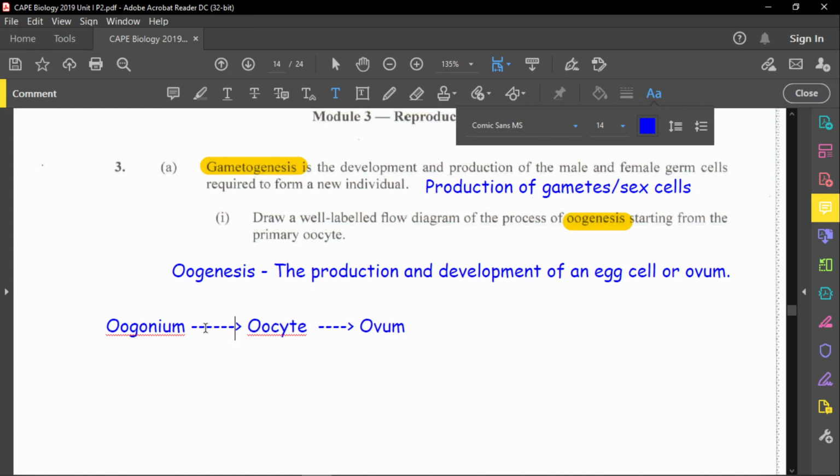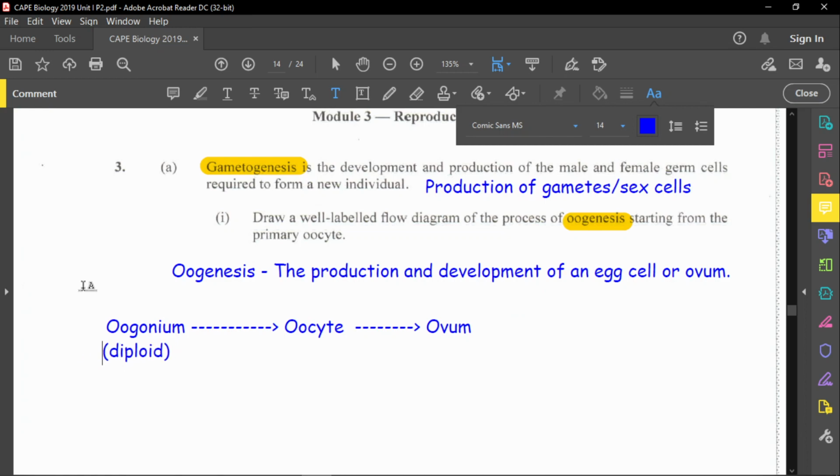Now, what's the difference here? Let me quickly give you that below this flow chart before I get into answering the question. I just wanted you to get an overview of what I'm talking about. The oogonium are small diploid cells that actually form the ovum. So these are small and they are diploid cells, and we know that diploid cells are produced from mitosis, just to make a note.